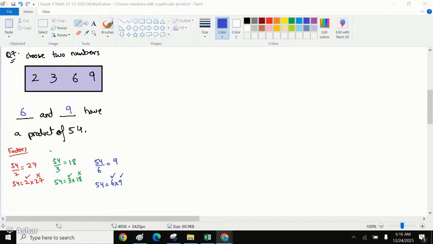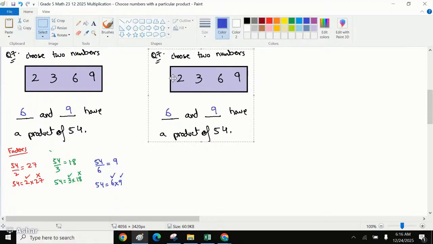Okay, let's take the same question and let's try to create a different set of values from this. So if we take the same question and we change this, so choose the two numbers which have a product of 12.